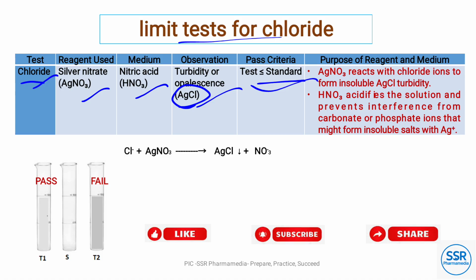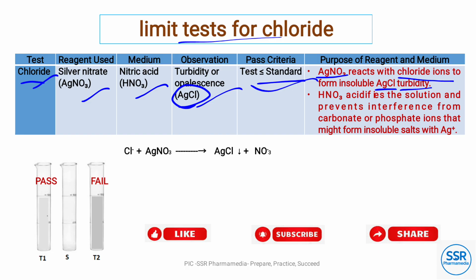So, the reagent, purpose of reagent and medium used in the limit test for chloride. AgNO3, silver nitrate, is the reagent. It reacts with the chloride ions to form insoluble silver chloride. This silver chloride makes the solution turbid or opalescent.